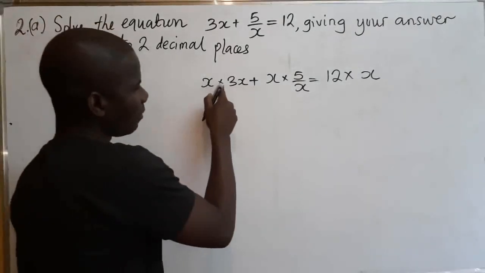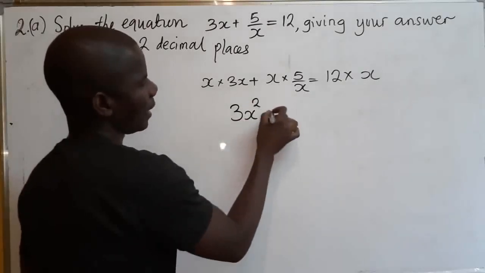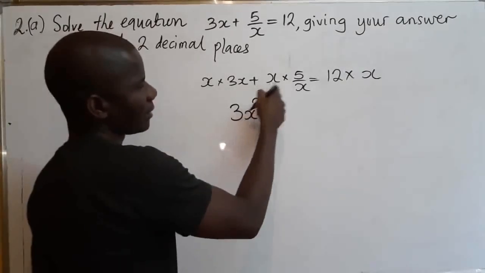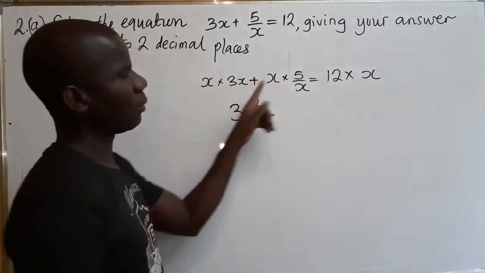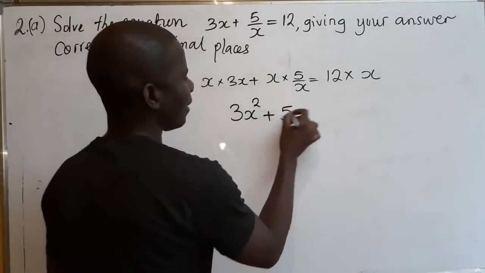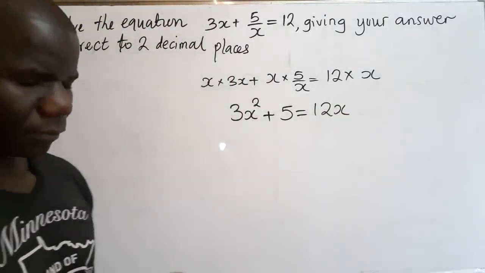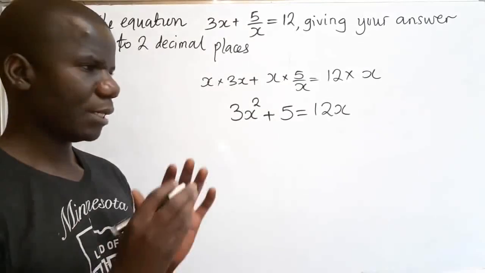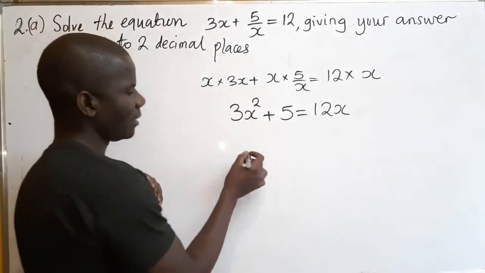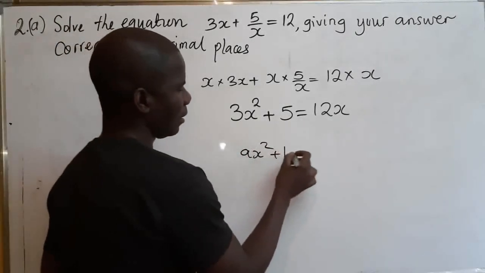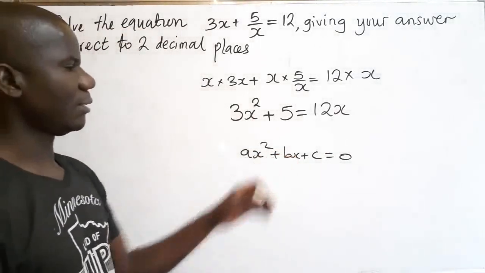So x multiplied by 3x gives us 3x squared, plus, like I already explained, x divided by x is 1, and 1 multiplied by 5 gives 5. This is equal to 12x. As you may know, the format of our quadratic equation is what we want to have, so we need to rewrite this in this form.